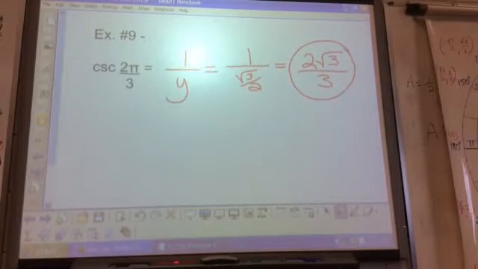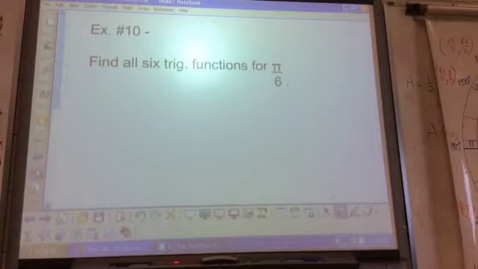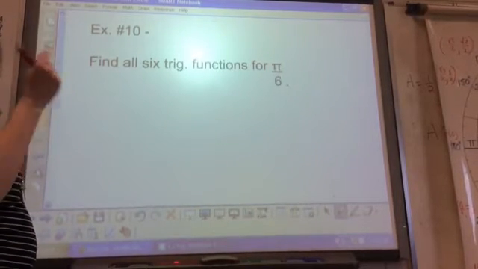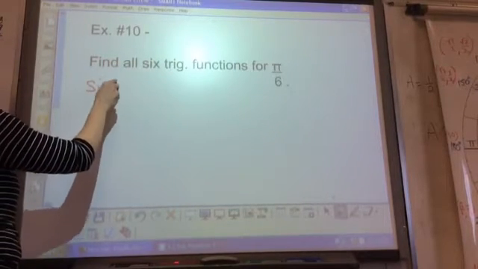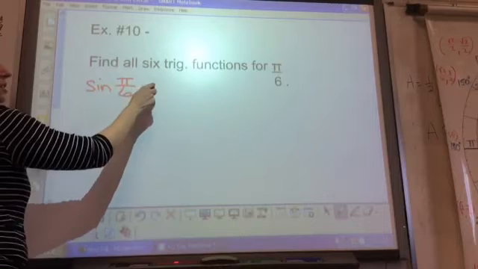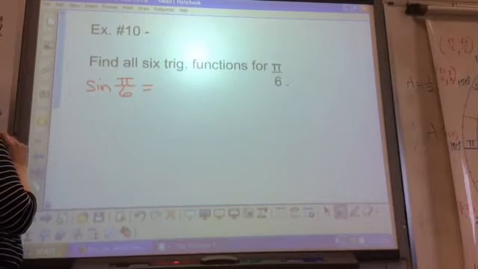On this next one, we're going to do all six just for sake of remembering. We're going to do all of them: sine, cosine, tangent. We're just going to knock them out. So let's start with sine. Sine of pi over 6 equals what? Look at the circle.